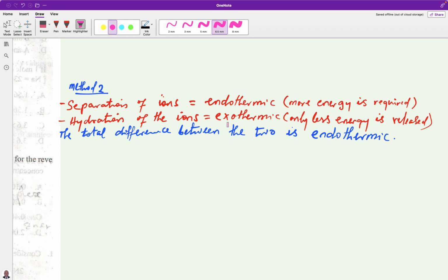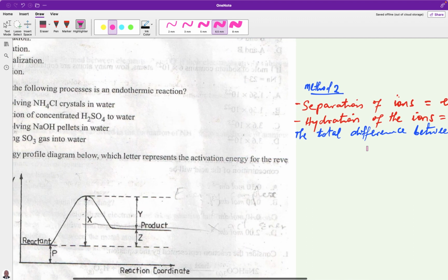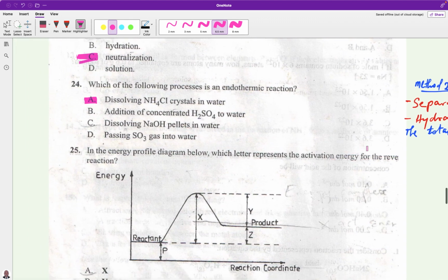That is, energy is being released, but only less energy is released. With more energy in the endothermic process and less energy in the exothermic process, the total difference between the two is endothermic. That's another way you can understand the first one I explained.